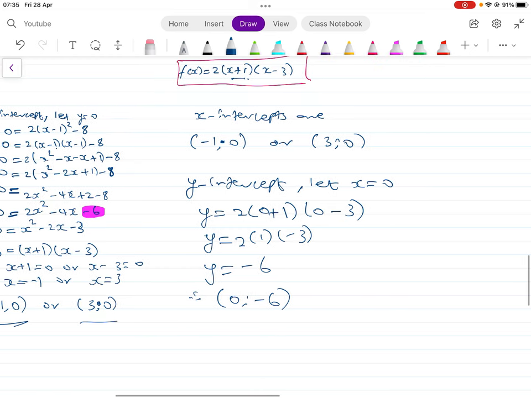So you can see you have the y-intercept, the x-intercept. What else do you need? You need a turning point. You need a turning point, because we are still dealing with a parabolic or quadratic function. So for the turning point, what do we do? Now for turning point, remember, we can use that equation of x equals to minus b over 2a.